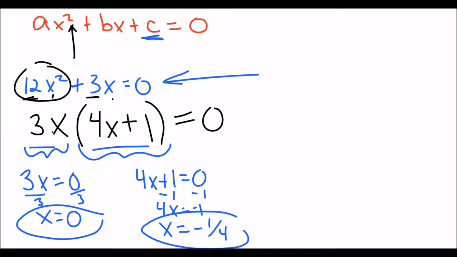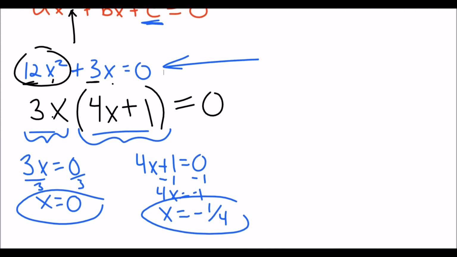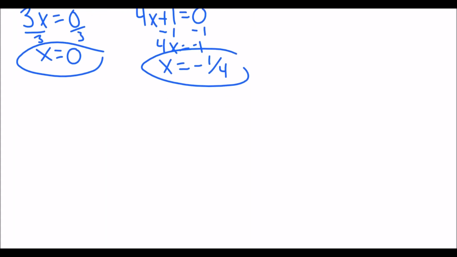As far as factoring goes, that was a pretty simple problem. So let's go to a little bit harder. Let's say we have the equation x squared minus 16x plus 60, and all that equals 0. Now we can't just pull an x or a number out because this term right here doesn't have an x.